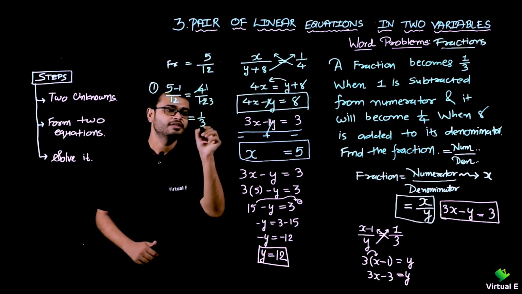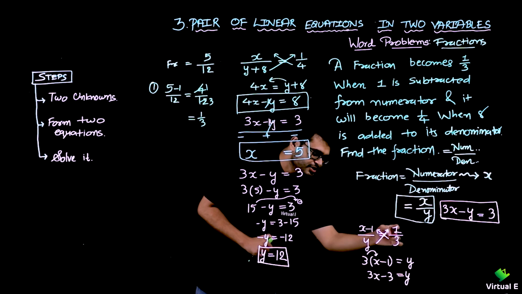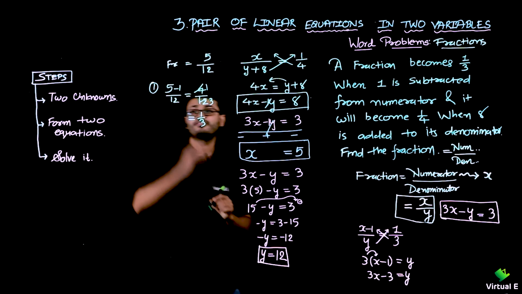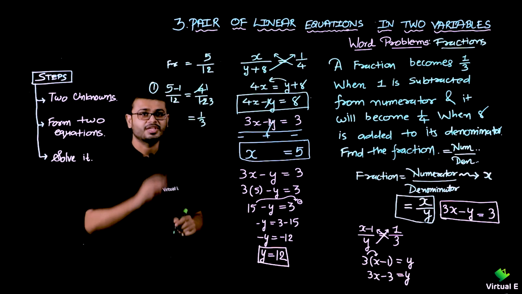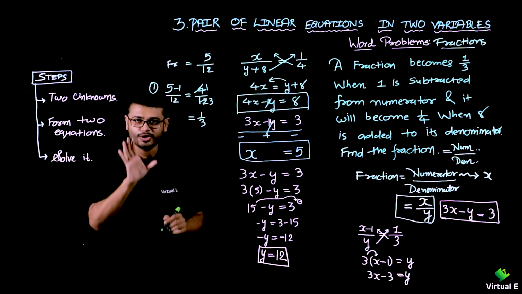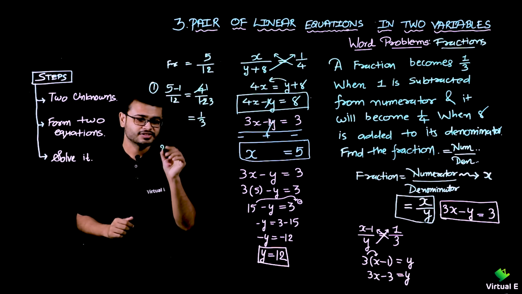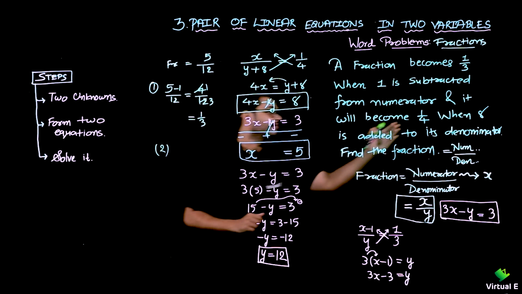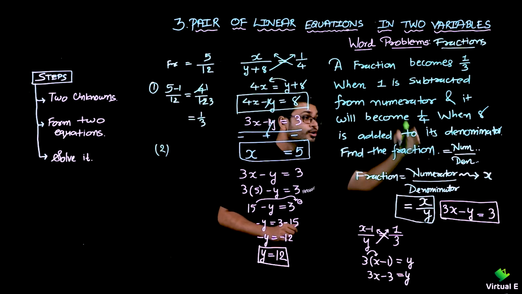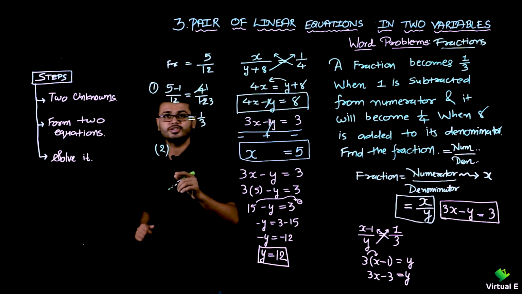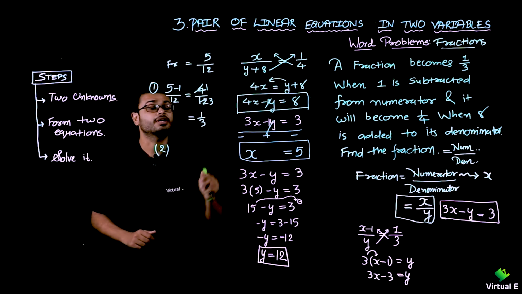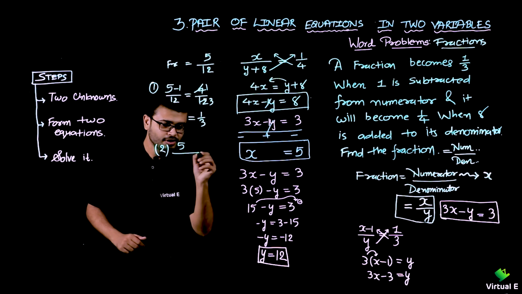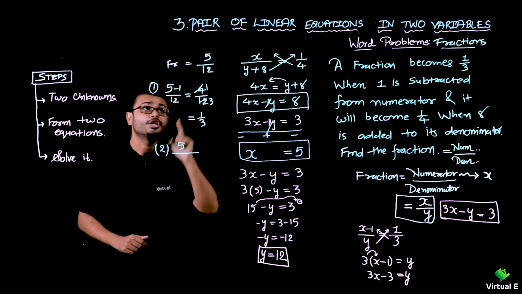So 1 over 3. See, our condition is 1 over 3 and we are also getting 1 over 3 when we substitute the values into it. So the first condition is satisfied. Hold on, check for the second one. So the second condition, it will become 1 over 4 when 8 is added to its denominator. So our fraction, I told you keep the fraction the same, don't use the previous one. So 5 over 12, and 8 is added to the denominator.